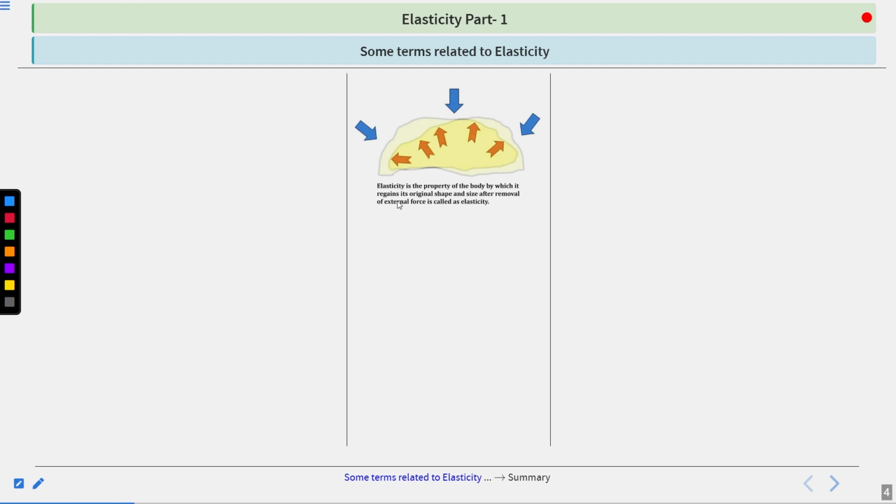After some time, you will notice that the light plastic ball gets shrunk because of the crushing action of your hand. Once you remove your hand from that ball, it will not be able to regain the original shape and size. You have withdrawn your force, you are not crushing it anymore, but still you will find that the ball is not regaining its original shape and size.